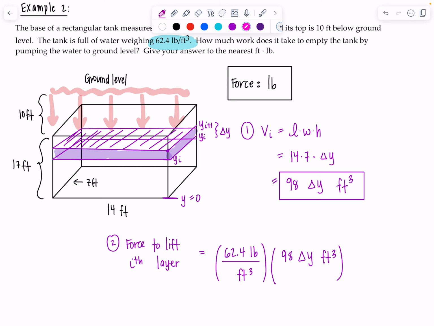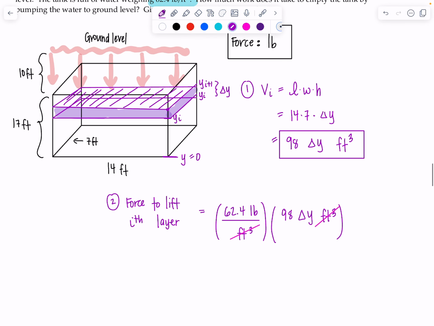What's the cancel party? It's happening right now. Bam, bam. Okay, so 62.4 times 98 is going to give us 6,115.2 delta y pounds. So now that's force, okay?